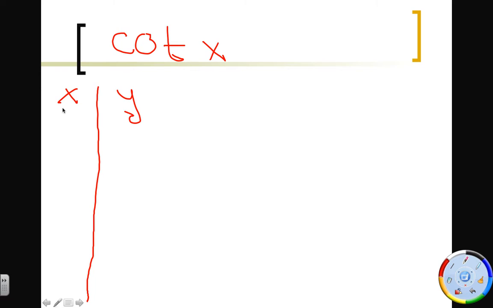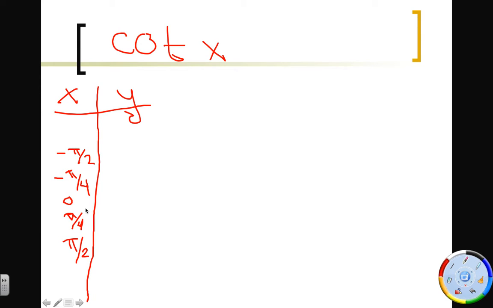I'm going to make a big table here. So if I started with 0 in the middle, kind of like I did for tangent, and I go negative pi fourths, negative pi halves, pi fourths, and pi halves, you get some interesting things going on here.